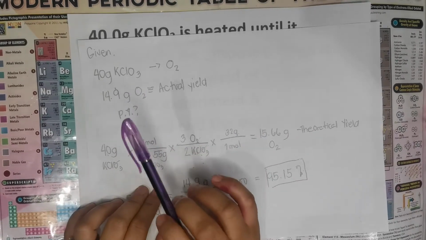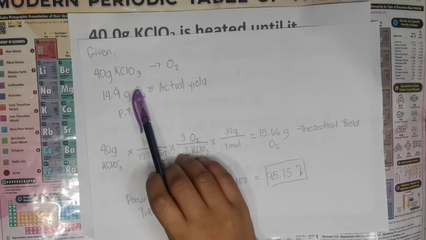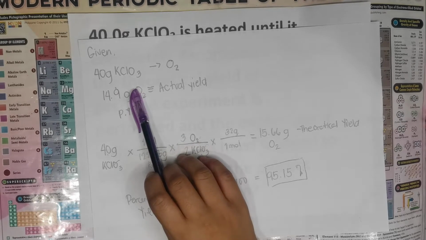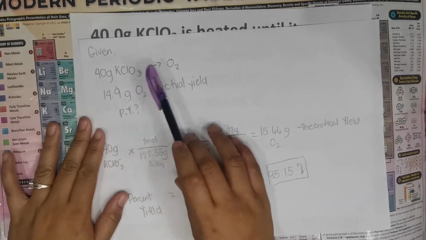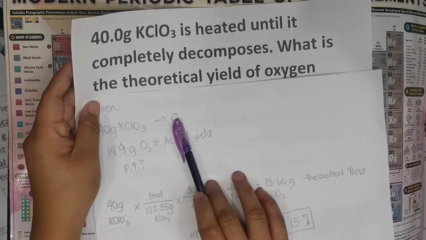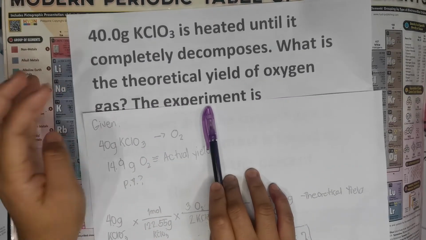So first po is identify or please pakisulat po nyo yung given na meron doon sa problem natin where we have 40 grams of potassium chlorate and we need to identify, sabi niya kasi dito, what is the theoretical yield of oxygen gas. So it means si oxygen gas yung hinahanap natin.